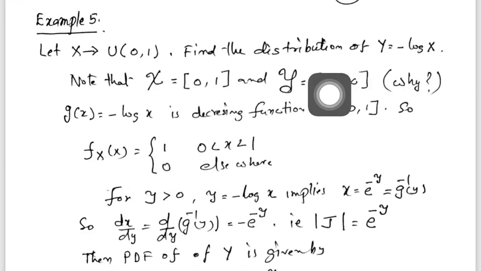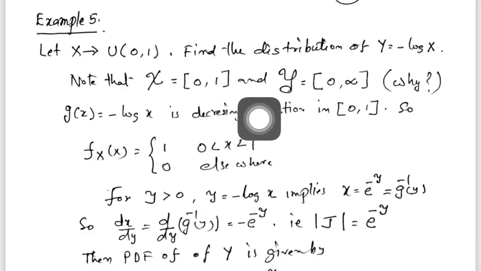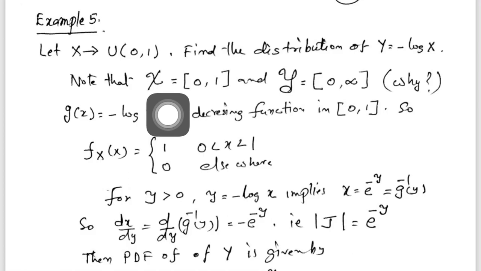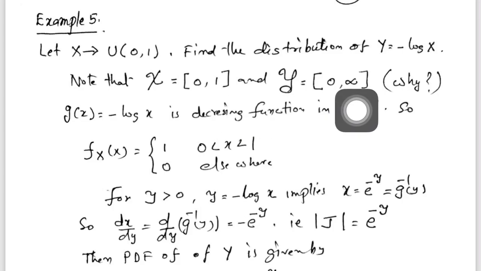Okay, and as a preliminary thing, you have to identify the range of y, the transformed variable. The range of the variable x is, of course, 0 to 1, because it is uniform, and y is 0 to infinity. Why is it 0 to infinity?